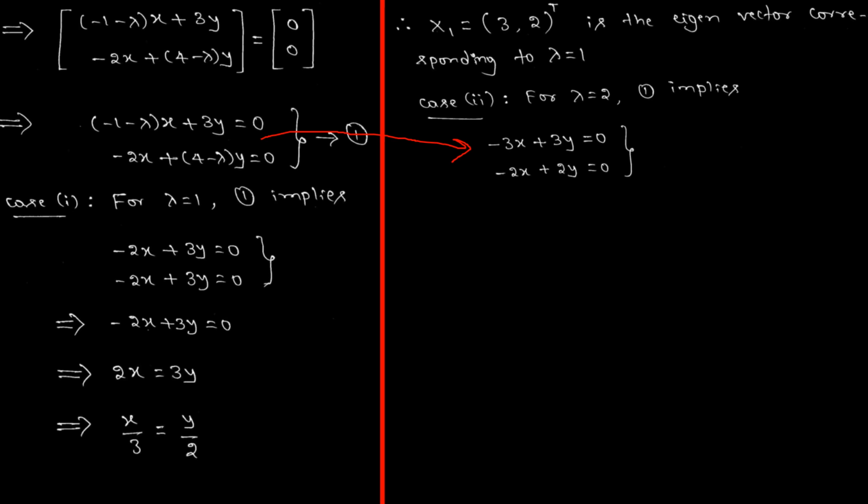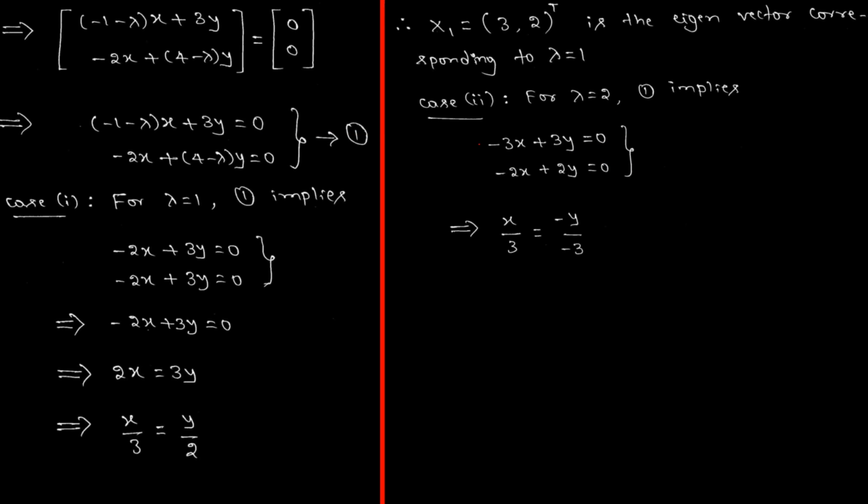Actually, these are again the same equations, because if you divide this equation by 3, you get minus x plus y is equal to 0. If you divide this equation by 2, you will get the same equation, minus x plus y is equal to 0.